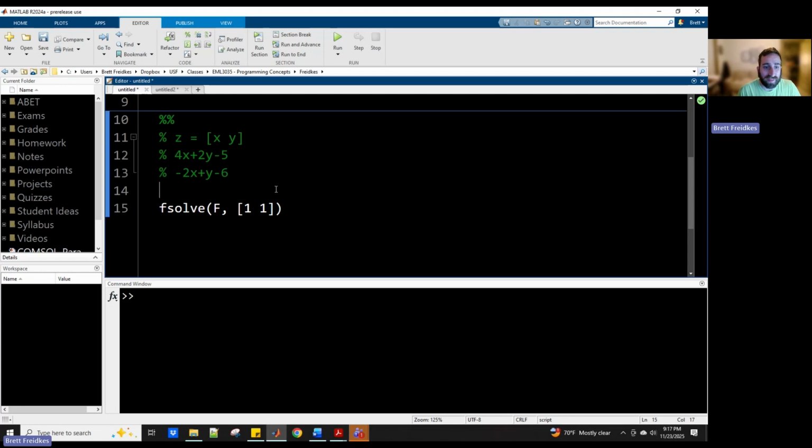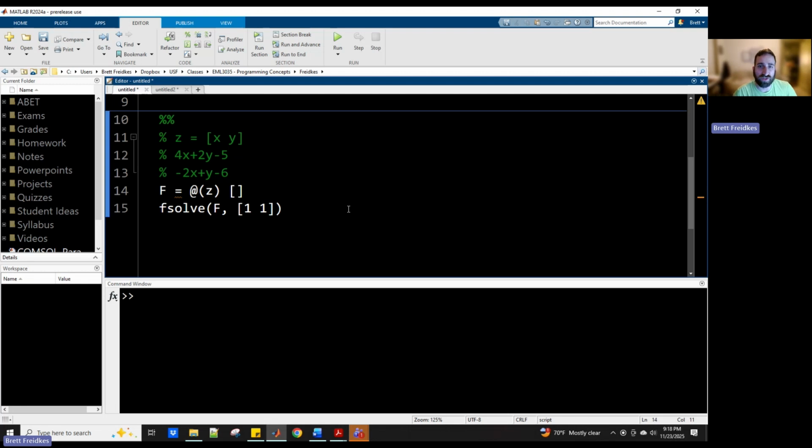Those are both equal to 0, and that's good for us because we want these functions to be equal to 0. I will define this function f anonymously, but instead of doing this, fsolve won't like this. It'll give you an error. It needs to have only one variable. Note, I've arbitrarily called this z. You can call it whatever you want, but I'm calling it z. And we're going to define our functions based on this variable z that contains x and y.